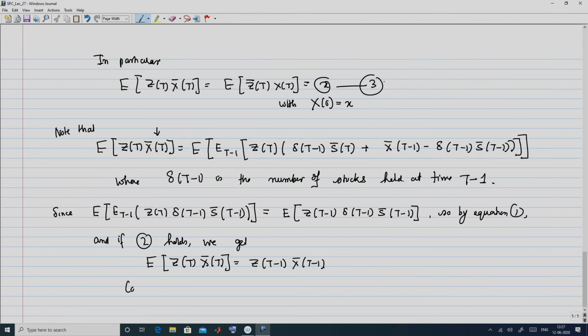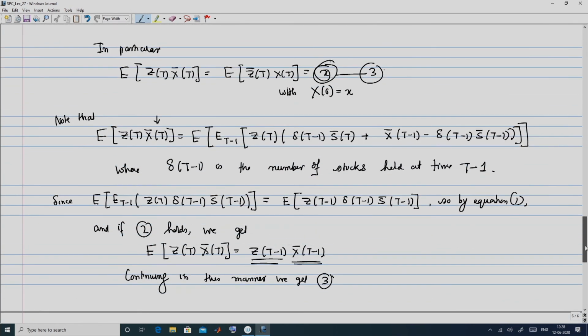And continuing in this manner, we get relation 3. So, eventually we will go to z of 0 which is 1 and x bar of 0 which is going to be equal to just little x. So, that is how we end up getting this relation.